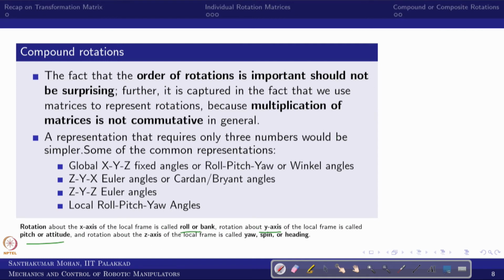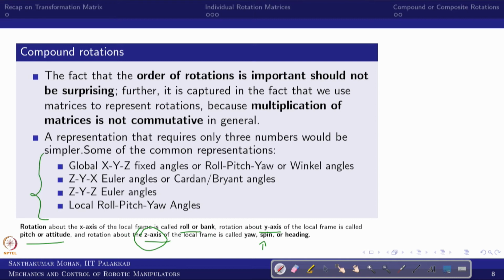Similarly, rotation about the z axis of the local frame is called yaw; some people call it heading, some people call it spin. Spin is more commonly used for roll, but when we represent the local frame, the spin would be on the z axis. So now you have some clarity.